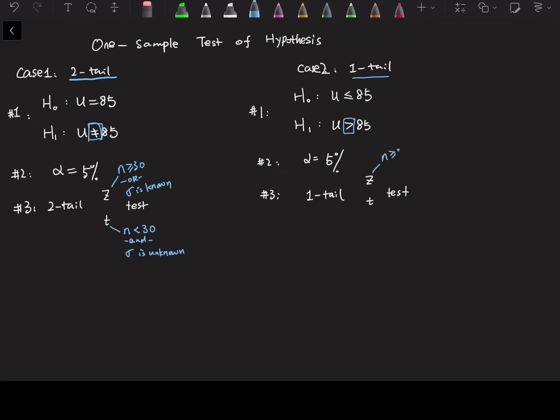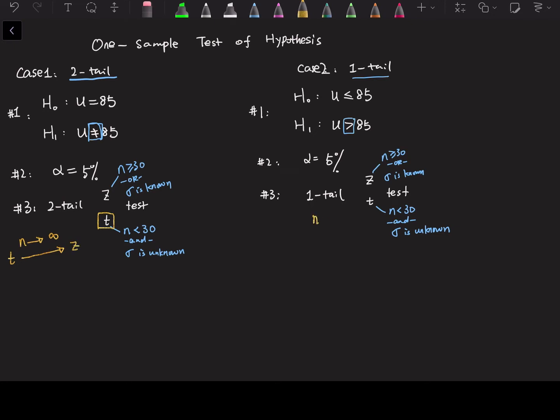If n is large, or sigma is known, we use Z test. If n is small and the population standard deviation is unknown, we use T test. Okay, so Z or T test. So that's step number 3. Again, here we can always use T test because when n approaches infinity, T approaches Z.